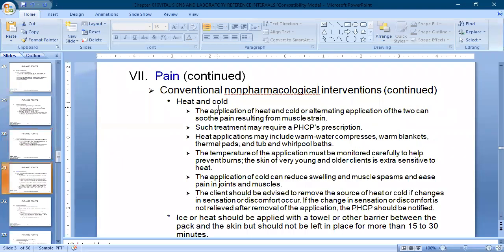Another conventional non-pharmacological technique is heat or cold application, which can also reduce the pain.